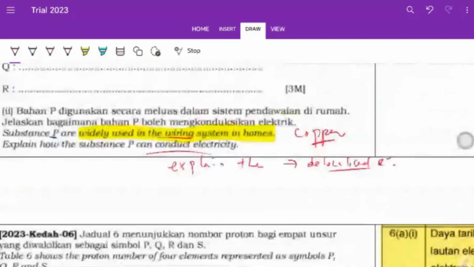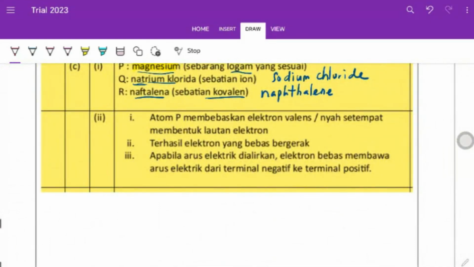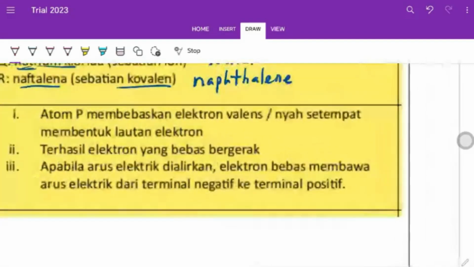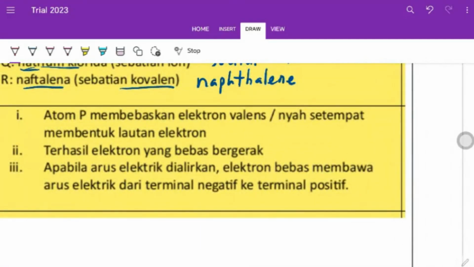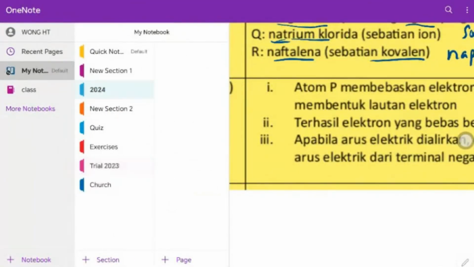Any more questions here? So atom P releases valence electrons to form a sea of electrons. Your English should be very good, right? Then to form the freely moving electrons, it forms delocalized electrons.